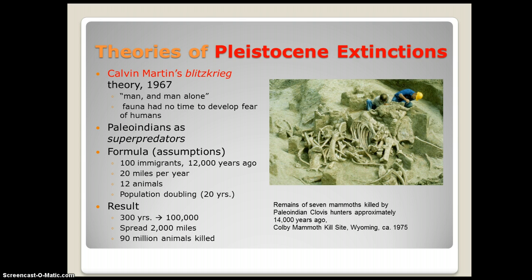So Martin presumably was using this imagery as a way of explaining the way the Paleo-Indians first descended upon the unsuspecting mammals of the Western Hemisphere shortly after their arrival 15,000 years ago.